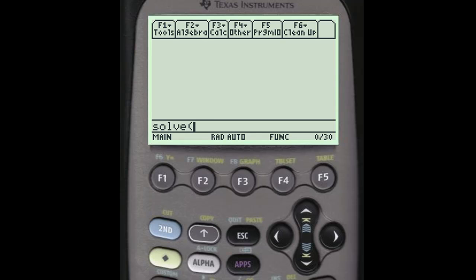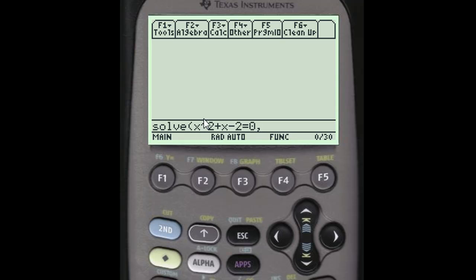So in this case, we'll pick something easy. X squared plus x minus 2 equals 0. You have to have an equal sign in there. That's what makes it an equation. After you enter your equation, comma, and the variable that you're solving for.